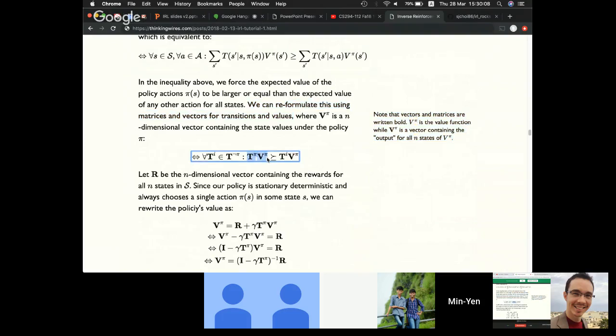We just have two vectors, and we're just multiplying these: the transition matrix times the vector, which is going to give us our reward, and again for any other transition. This is saying the same thing in vector-matrix format.